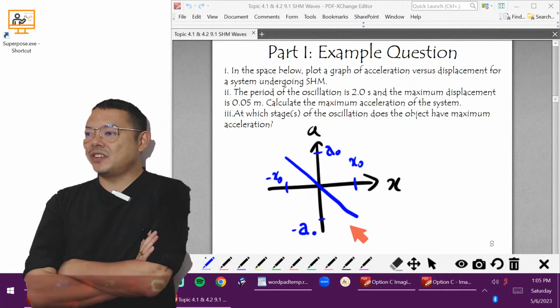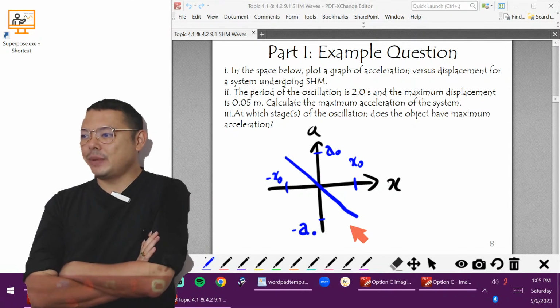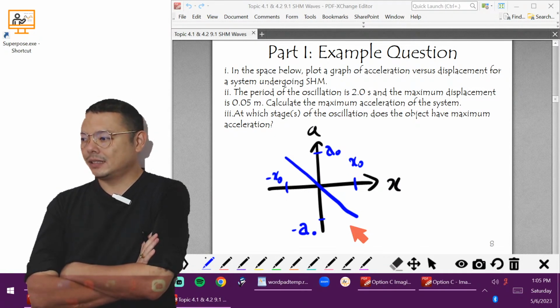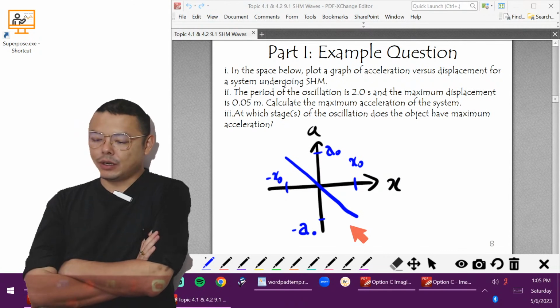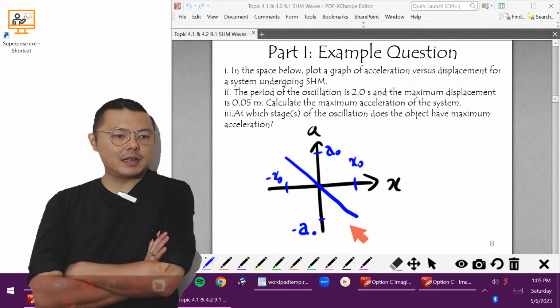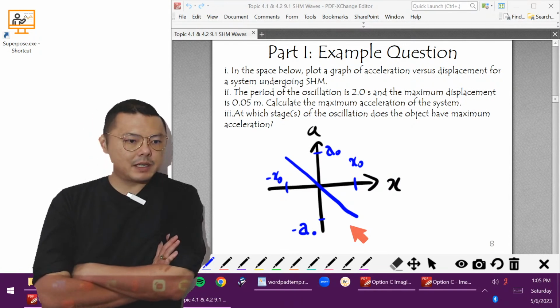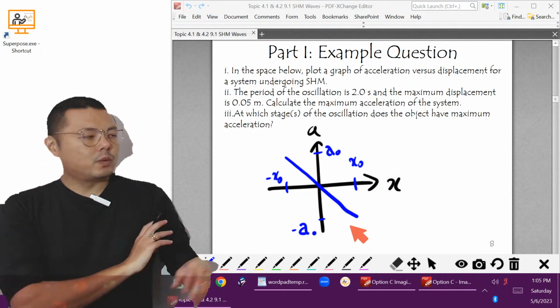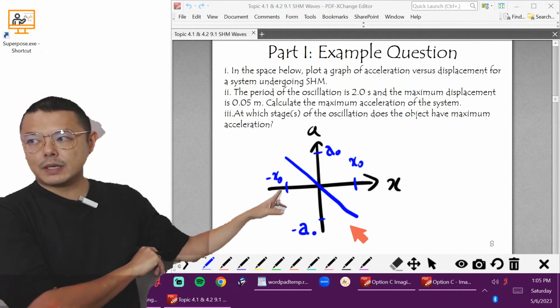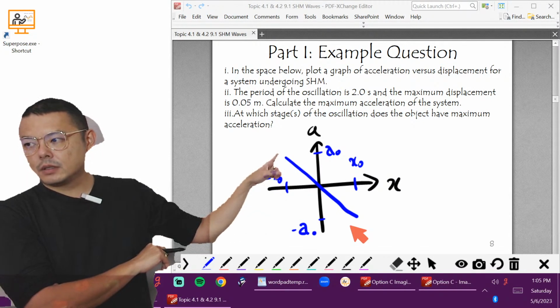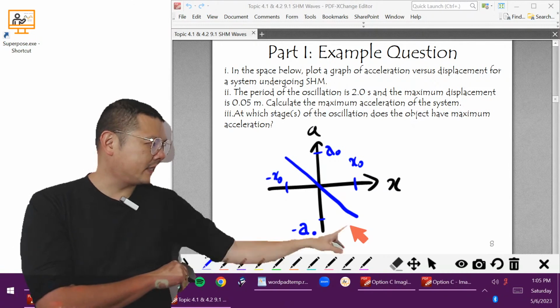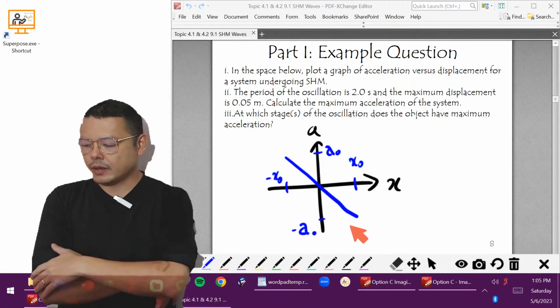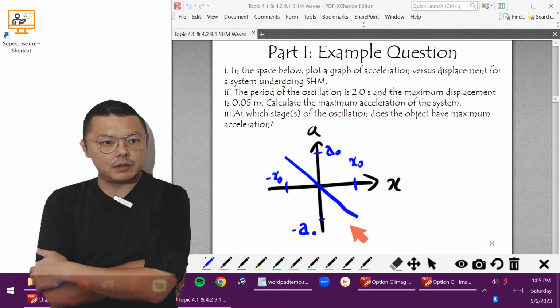What do x naught, negative x naught, a naught, and negative a naught mean? Maximums. Correct. The maximum displacement, the maximum negative displacement, the maximum acceleration, and the maximum negative acceleration. What do you notice? When it's negative displacement, the acceleration is positive, and when it's positive displacement, the acceleration is negative. The line passes through the middle.